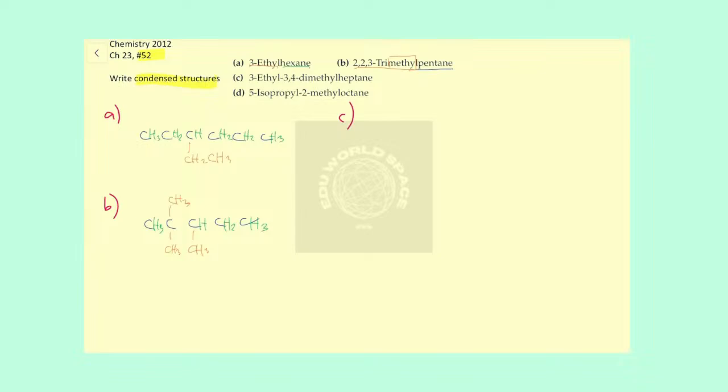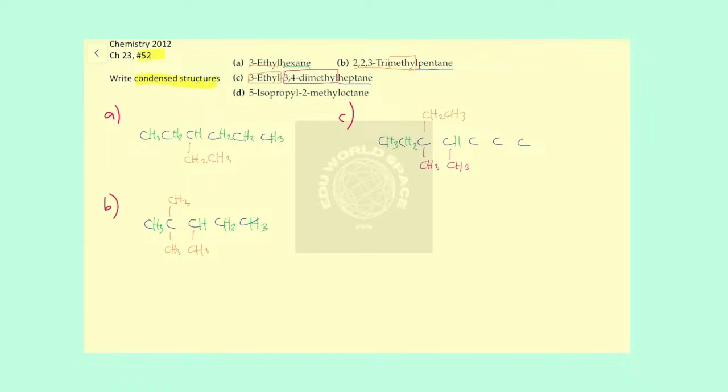Okay, fourth carbon here could handle 1 hydrogen. Okay, these next 2 carbons could handle 2 hydrogens each, and our last carbon here would have 3 hydrogens connected. Okay, so that should be our structure for part C.